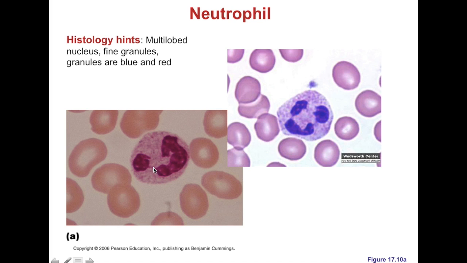But the nucleus has multiple lobes, so this is a little bridge right here between this lobe, and this could even be a 3rd lobe potentially. Over here you clearly have 3 lobes, but neutrophils can have 5 lobes. Sometimes it appears as if they have 6 lobes, but the point is their distinguishing feature is the number of lobes in their nucleus, and they're going to be between 2 and 5, and normally they're going to be 3 or more.